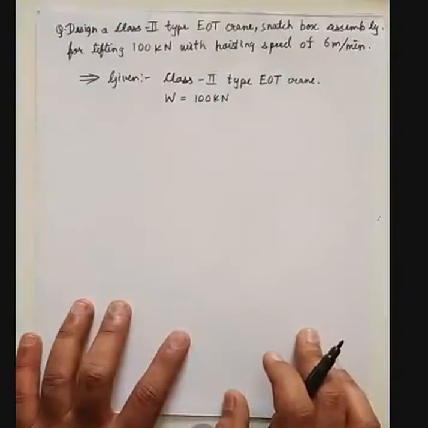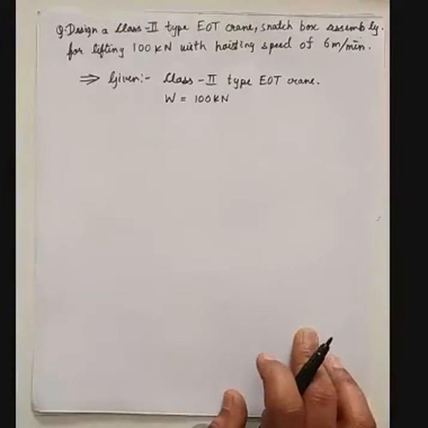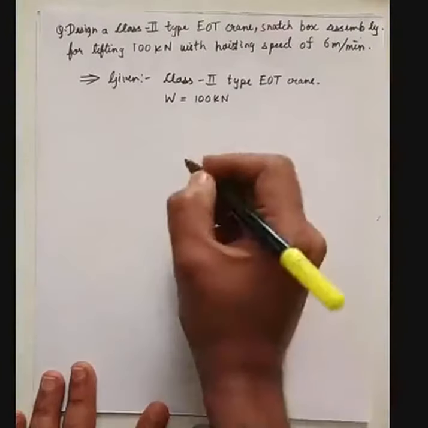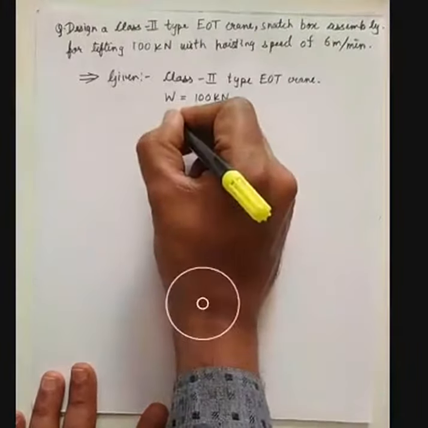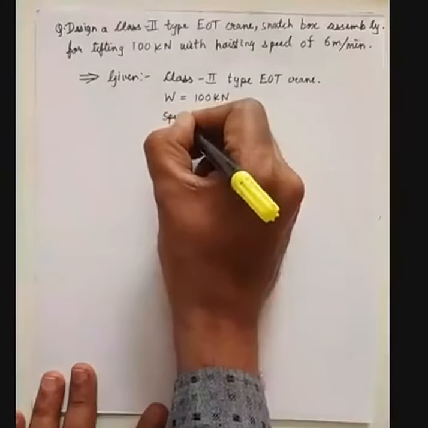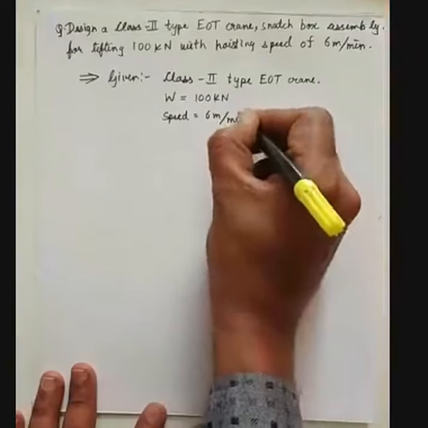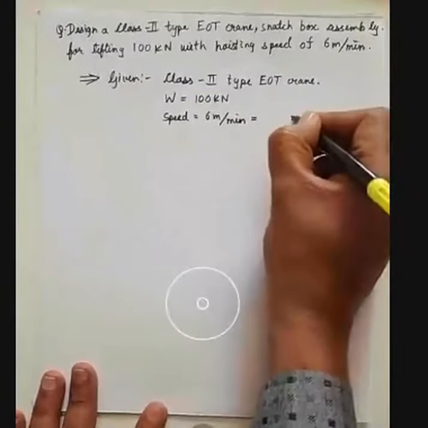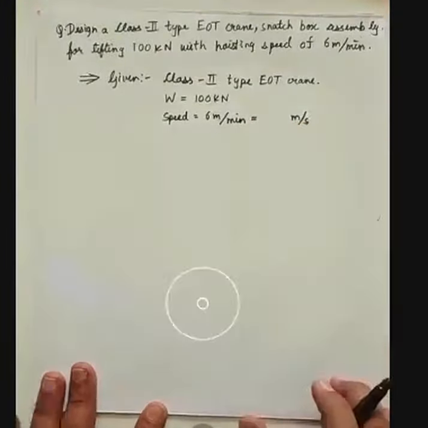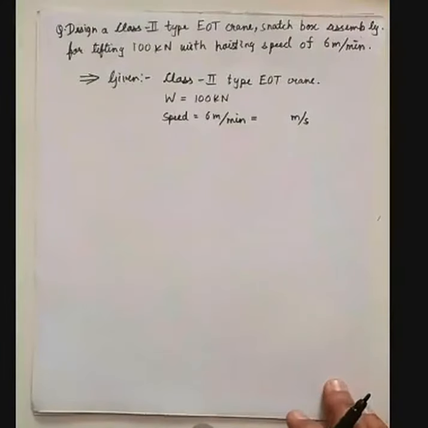Then the hoisting speed, that is 6 meter per minute. Convert it into meter per second, it will be better. Sometimes you have to use it in meter per minute, sometimes in meter per second.